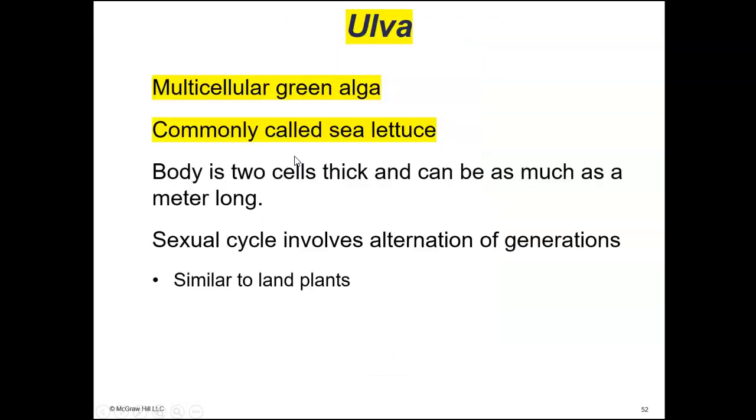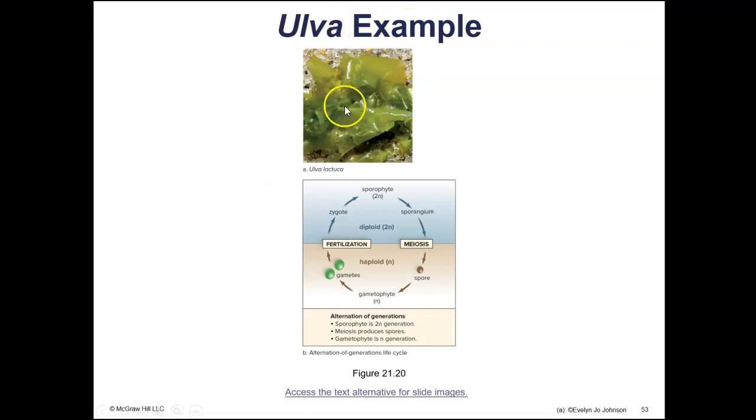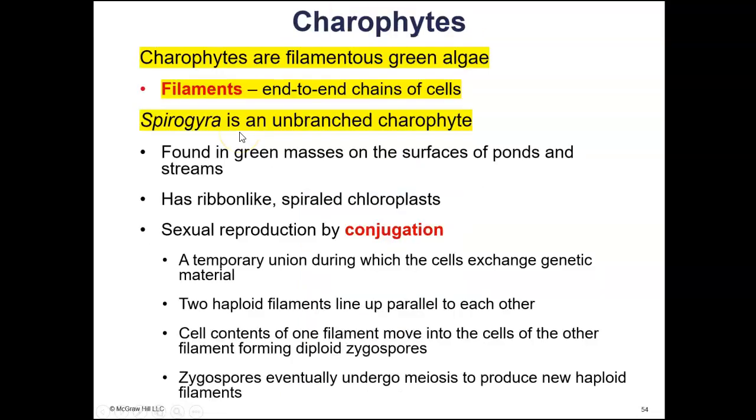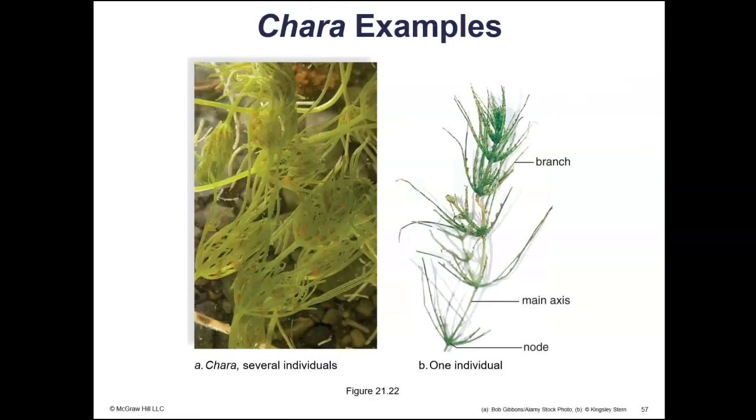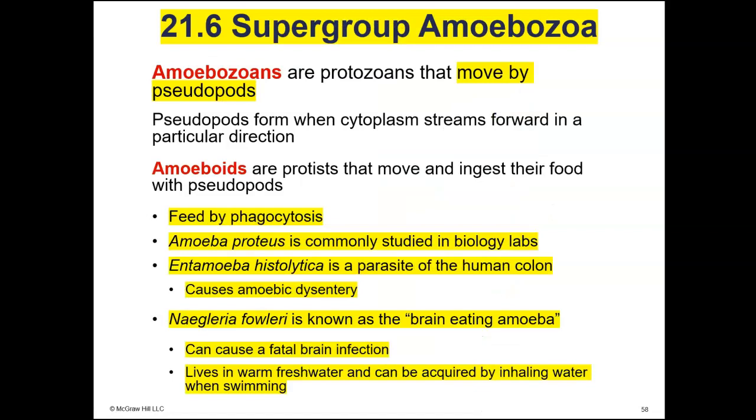Then we have a multicellular green algae called sea lettuce, and here's a picture of that, ulva. And then there's Spirogyra, which we will also see under the microscope. Spirogyra is a filamentous green algae. And here's Chara, which is multicellular. I will cover the last 2 groups in the next recording.